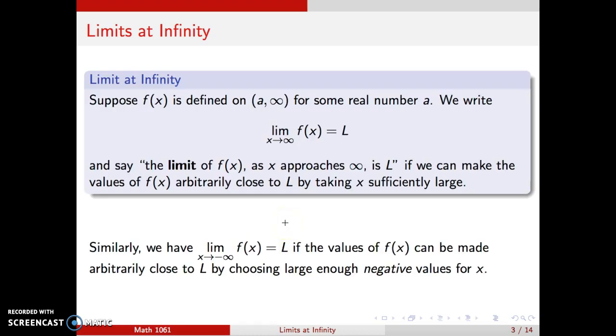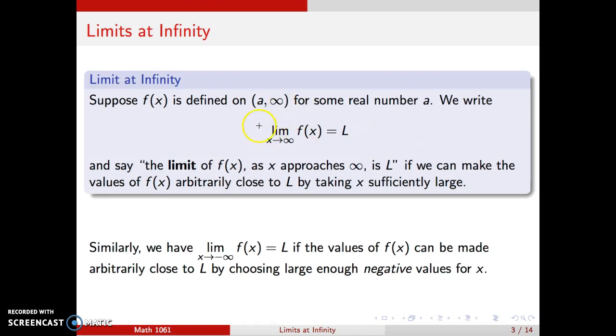So here's kind of an intuitive definition. The formal definition doesn't really suit our needs, but we can make complete sense of this. So this says that suppose f is defined on some interval a to infinity. It just means that we get to some number where from then onward the function is defined.